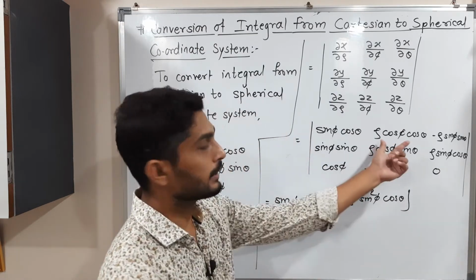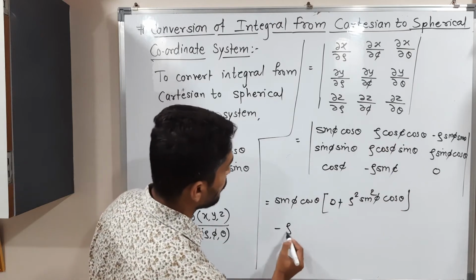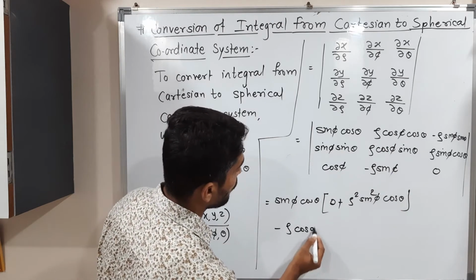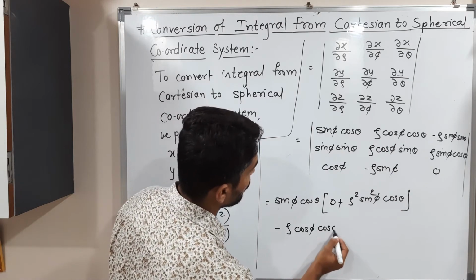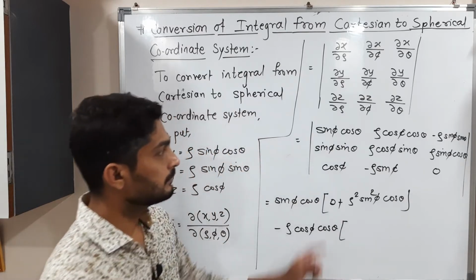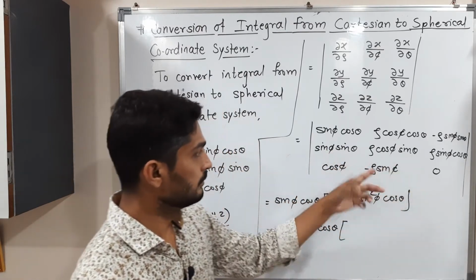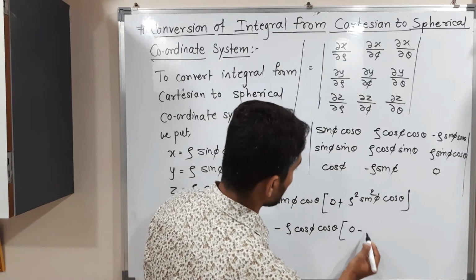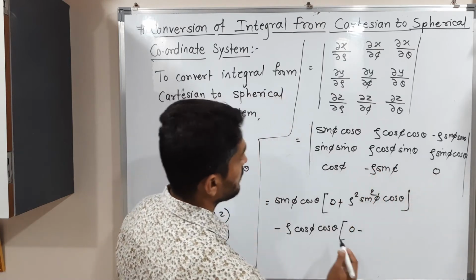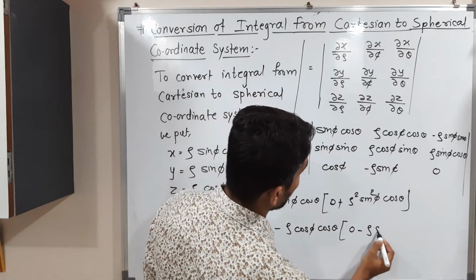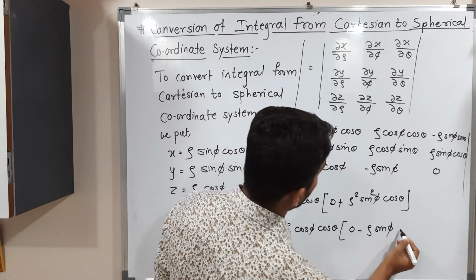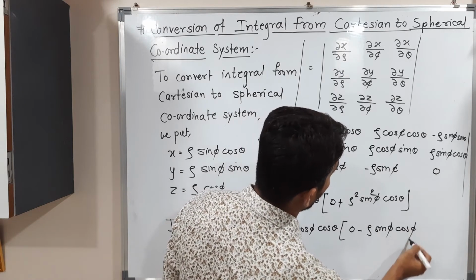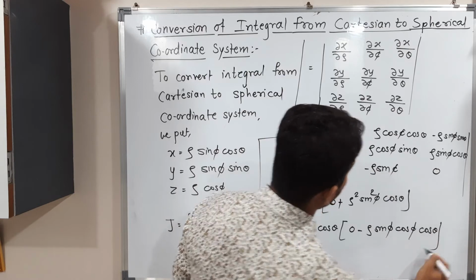Minus, okay, the middle term I will take now, rho cos phi cos theta. Product of these two, 0 into anything is 0, minus product of these two, that means rho sin phi cos phi cos theta.